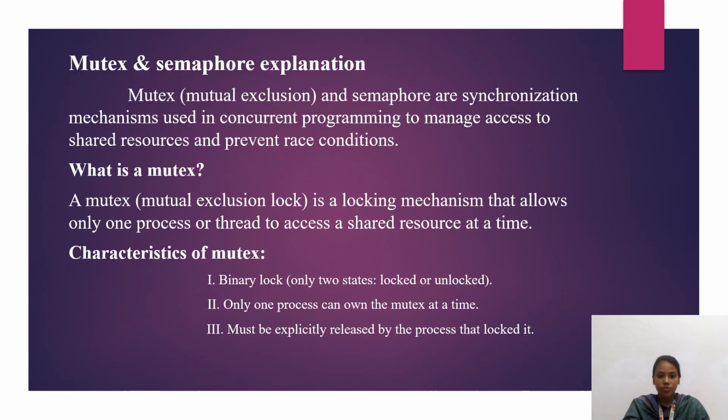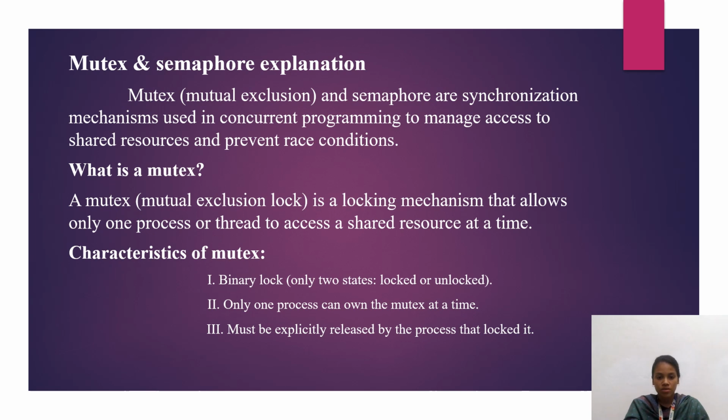Mutex and semaphore explanation. Mutex and semaphores are synchronization mechanisms used in concurrent programming to manage access to shared resources and prevent race conditions. What is a mutex? A mutex is a locking mechanism that allows only one process or thread to access a shared resource at a time.